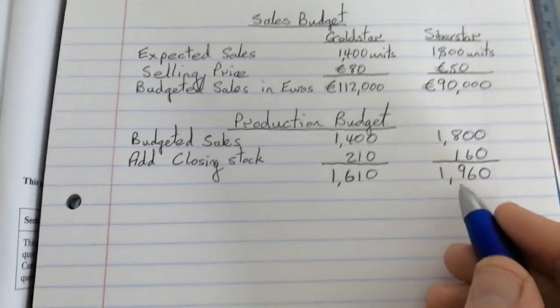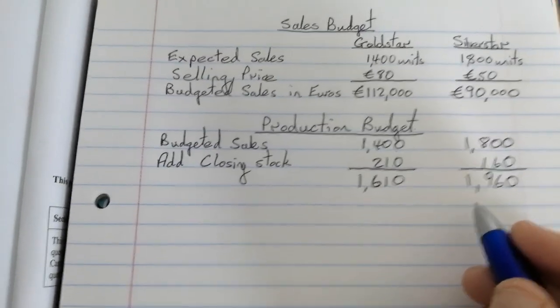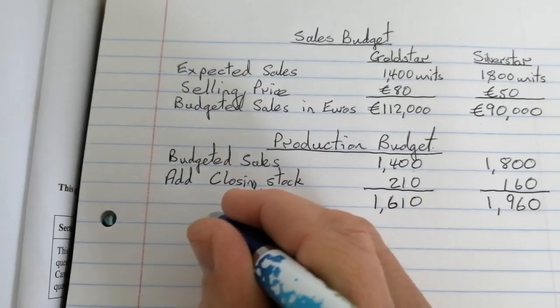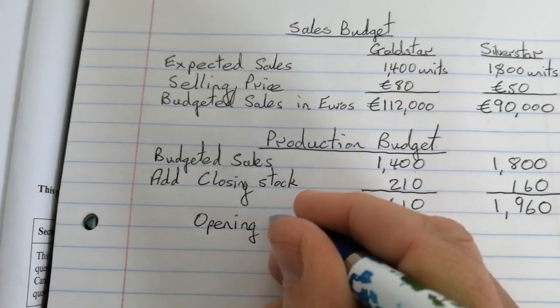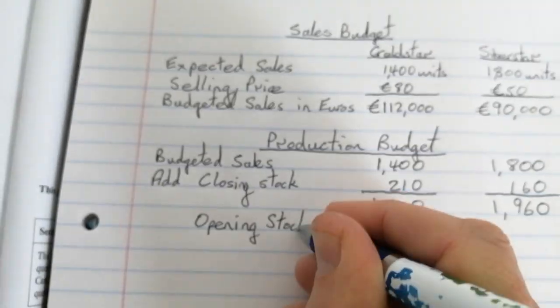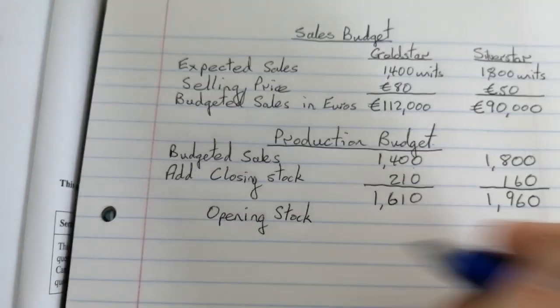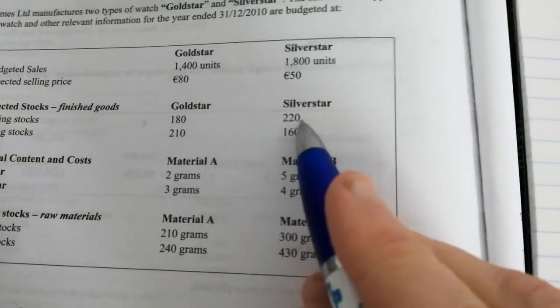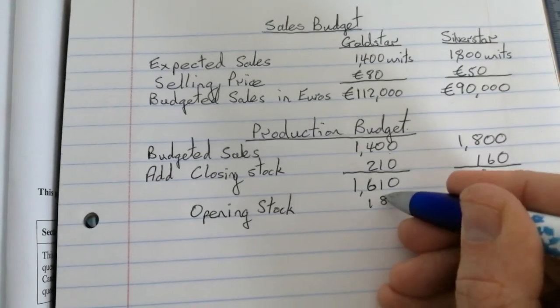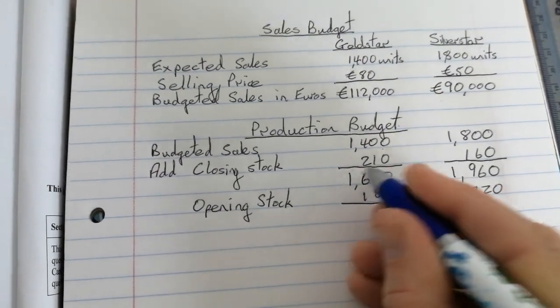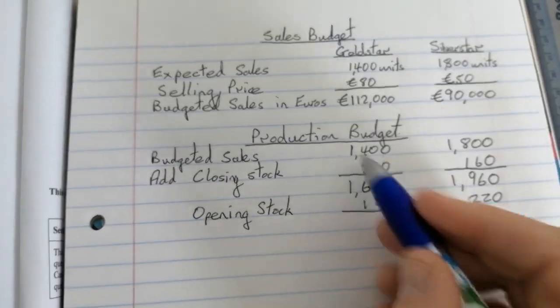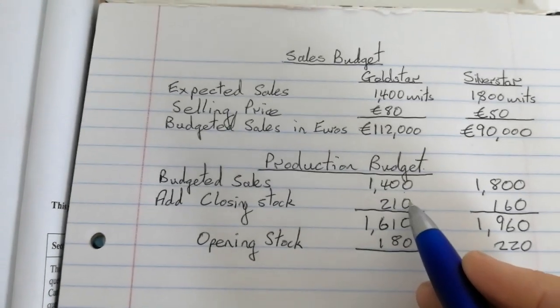But hold on, I already have some in my warehouse from last year. That's my opening stock. That's what I have at the start of the year, left over from last year, or last year's closing stock, if you like. Now, if I already have these, which are, what are they, 180 and 220, well, then I don't need to produce as much as this in order to be able to have this many sales and this much closing stock.